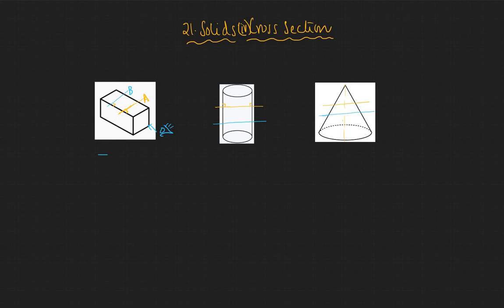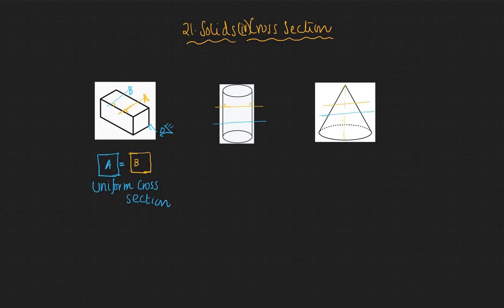So you will see this for B, and for A you will see again exactly the same square or rectangle as A and B. Yeah, so for A and B they are equal. So some solids exhibit this behavior, which we call uniform cross section.